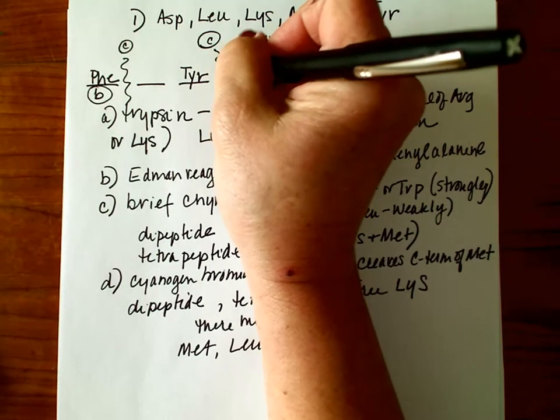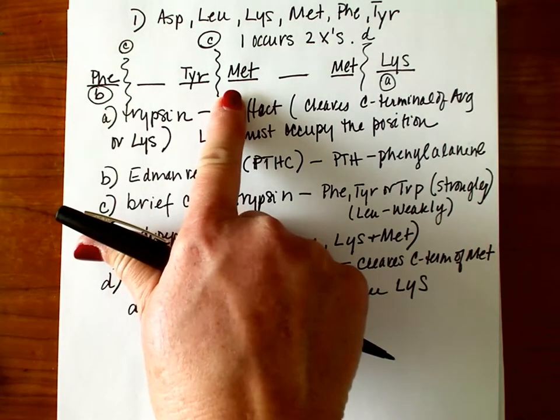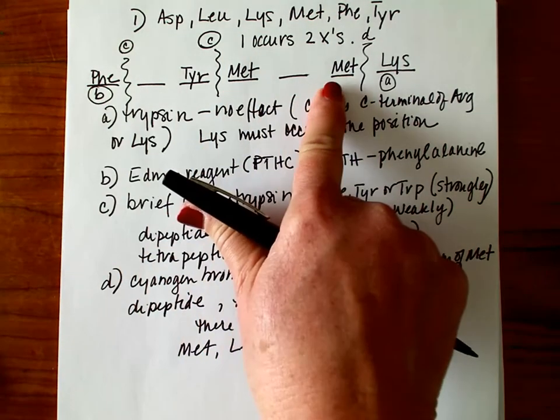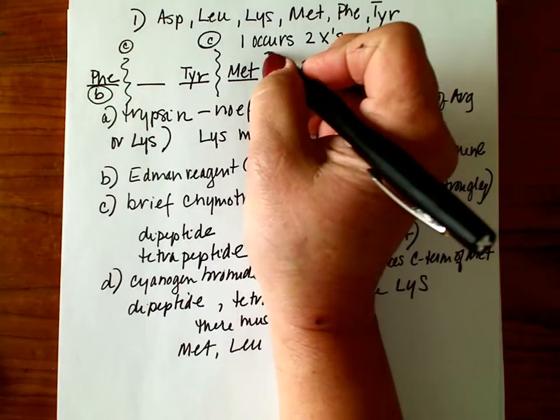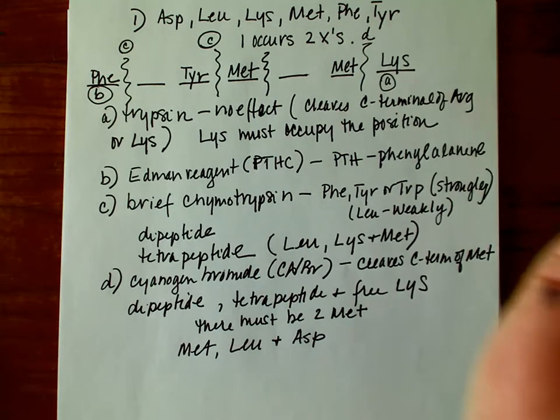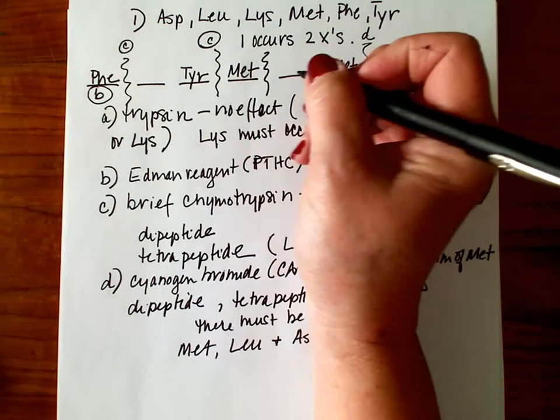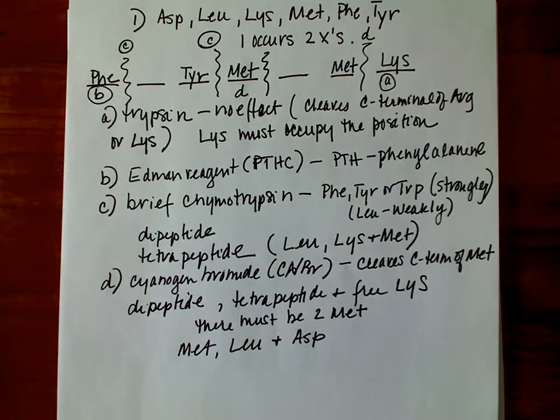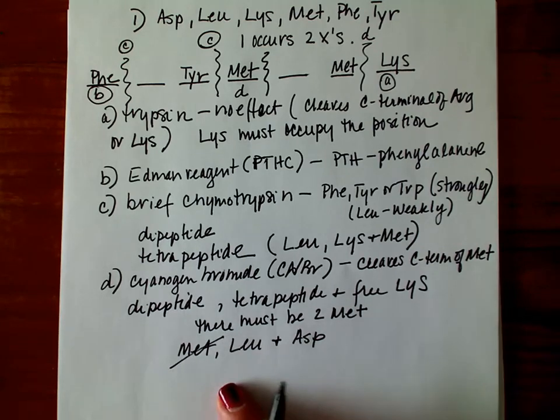And this will give us a tetrapeptide, a dipeptide, and a free lysine. So we also get this information from D. So now we can go back and take a look at leucine and aspartic acid.